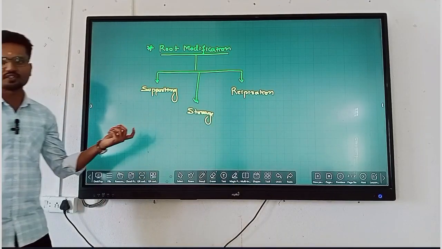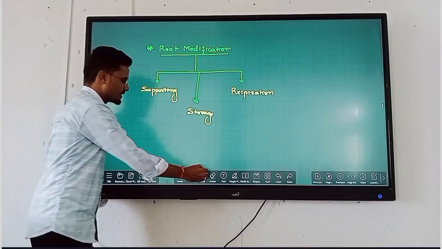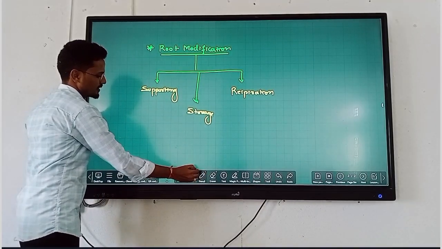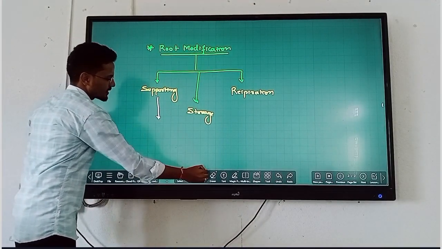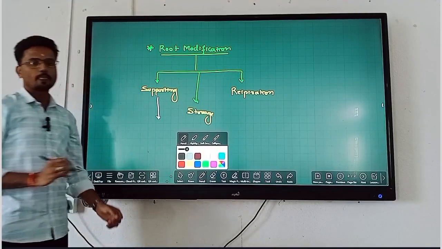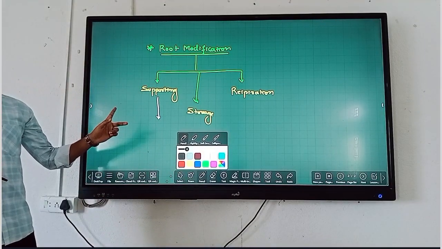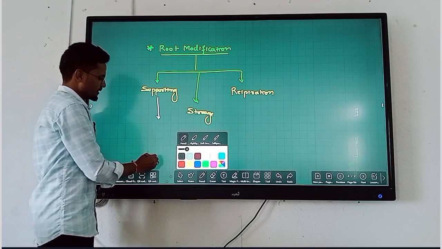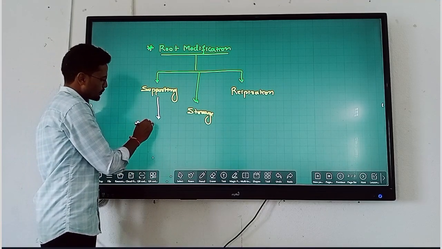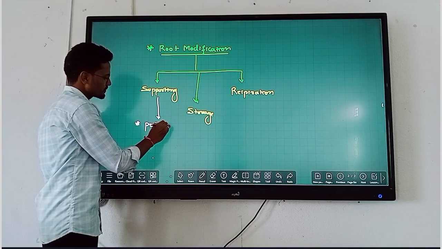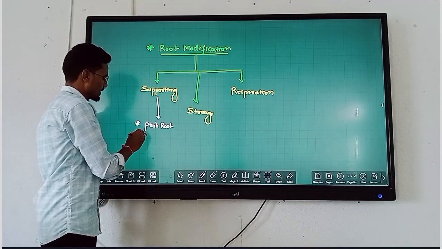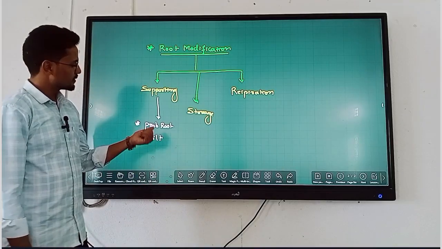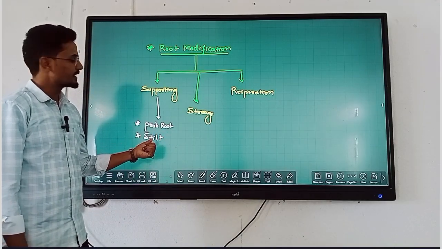When we see the supporting structure, we get two types of modifications. Those are one is prop root and another one is stilt root.